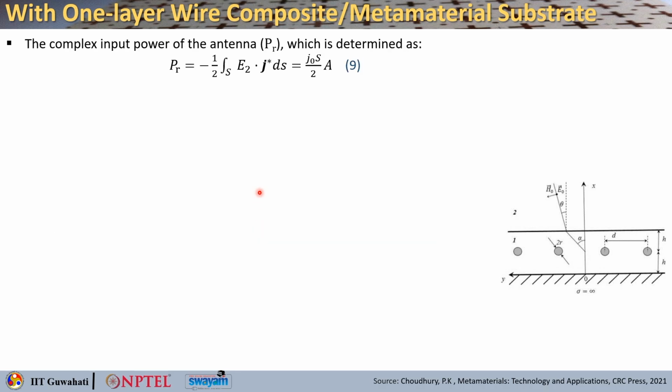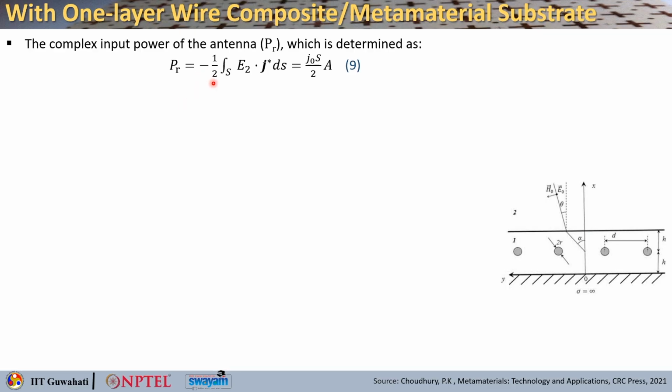So, this complex input power of the antenna Pr can be determined as Pr equals minus half surface integral over the patch. You have E2, that is basically the incident electric field in that region, okay. Then you have J conjugate ds.